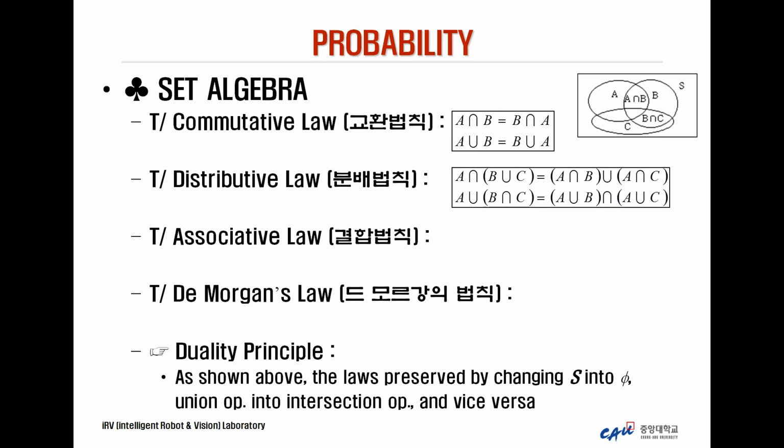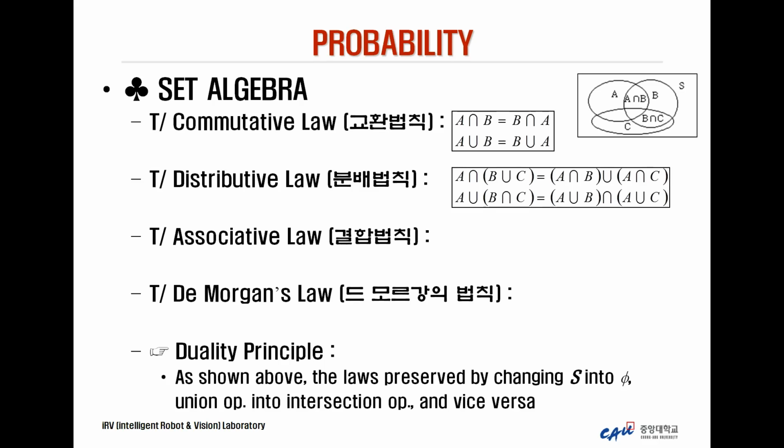It says A intersection (B union C) is the same as (A intersection B) union (A intersection C). Also, A union (B intersection C) is the same as (A union B) intersection (A union C).